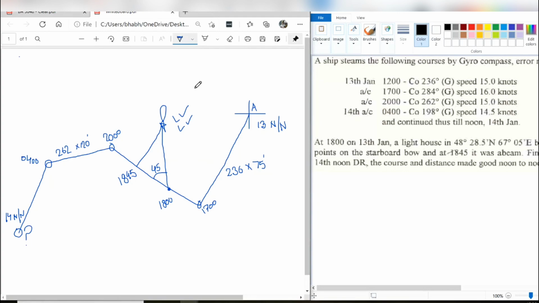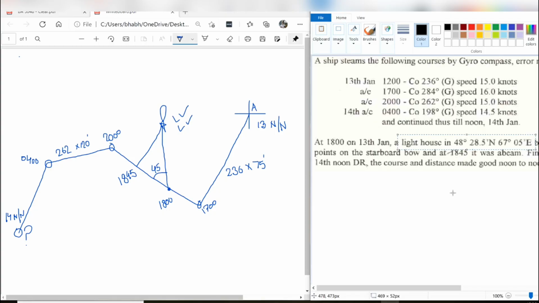Okay. So beta, from the diagram, anything comes to the mind? कैसे हम अपनी पोजीशन पता कर सकते हैं? Sir, 1845 की पोजीशन दी हुई है ना? नहीं बेटा, 1845 पोजीशन इज नॉट गिवन. लाइट हाउस की पोजीशन दी है. Lighthouse position is given and the time is given when it was a beam.